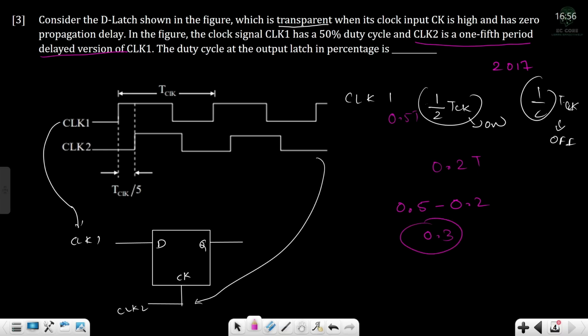In aptitude, 0.3 in percentage is 30%, if you shift 2 decimal points. So the answer is 30%. The duty cycle will be 30%, which means it will be on for 30% of the duty cycle. That is the question they are asking.